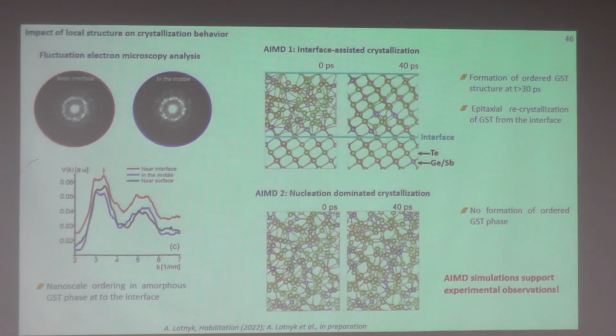Here it also shows some TEM results on this process, also some MD simulations, unpublished simulations. So what we can see is that we can study the structure of the amorphous state at the interface, and by using this electron microscopy, we can see the order at the interface and compare at different places.